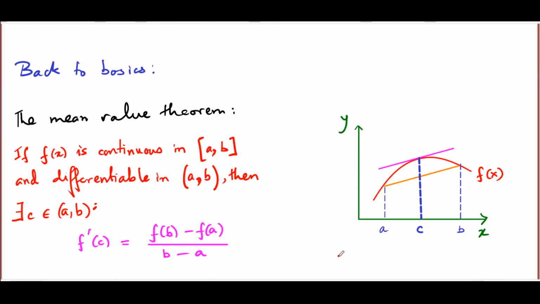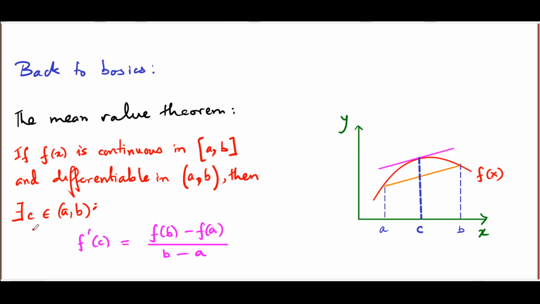It deals with a function f of x whose graph you can see drawn here. This function f of x has to be continuous in a closed interval containing all the points in between a and b, end points inclusive, and it has to be differentiable in the open interval between a and b. If this happens, then the following holds.